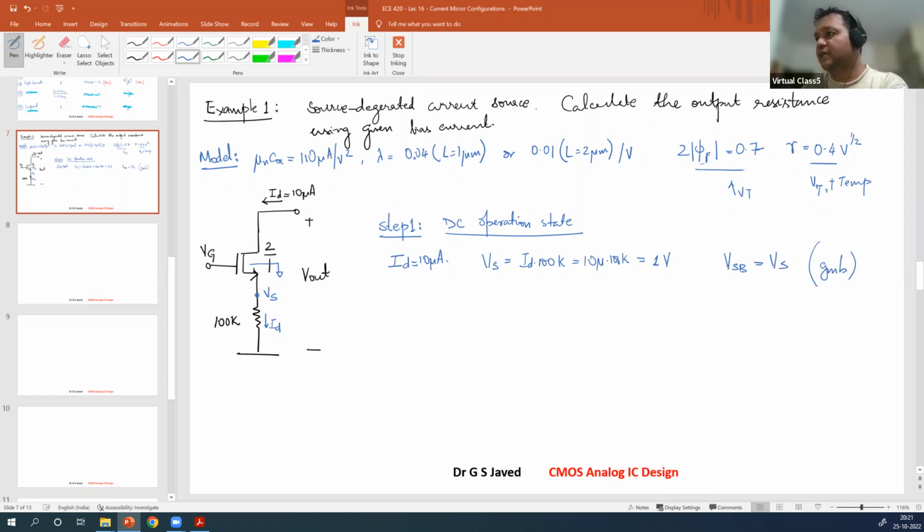You should not forget that. Along with that, since lambda is there, you will also have the R naught factor coming into place. So you can predictively know these are the things. Now let us quickly draw the small signal, step 2. Draw a small signal diagram.